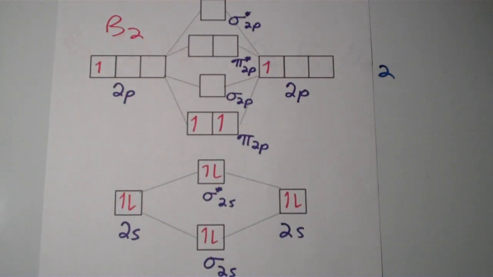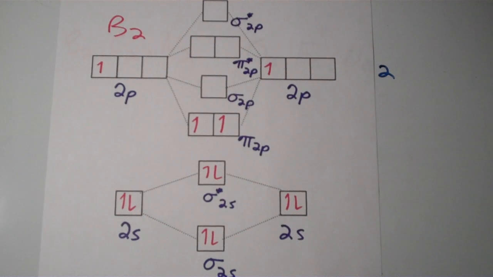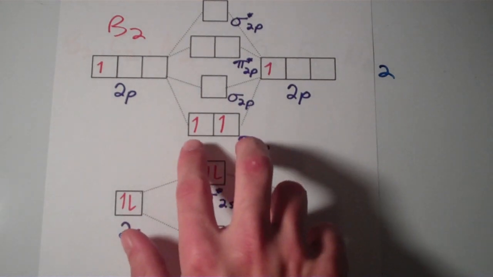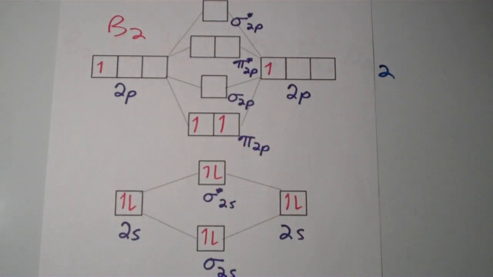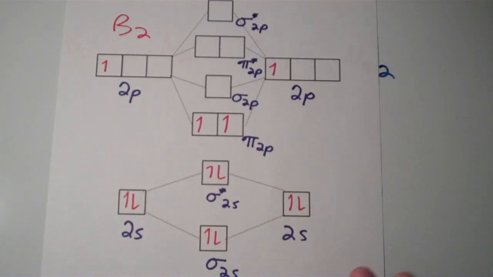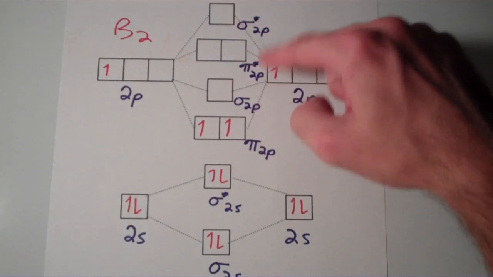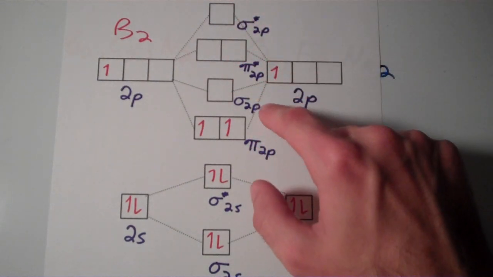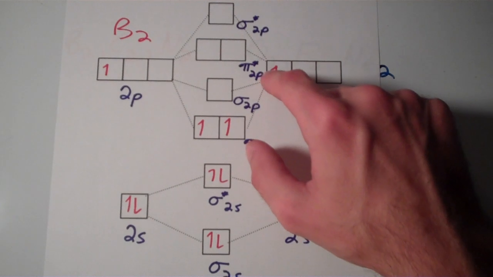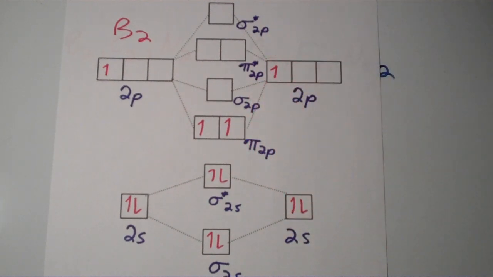So really, for B2, all of the electrons that come from the p orbitals are in a pi 2p molecular orbital and no other molecular orbital. We have 4 other empty molecular orbitals up here: the sigma 2p, the 2 pi star 2p molecular orbitals, and the sigma star 2p molecular orbital.